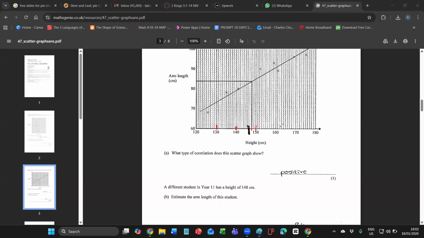Okay, so it says estimate the arm length of this student. If we trace that all the way to the graph, you'll see that it's somewhere here. If we read this off, this is 80, and this is 90. So from 80, how many squares are there? I want to believe this is 81, this is 82.